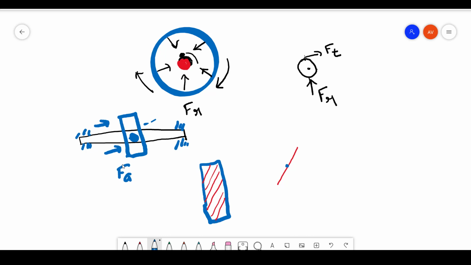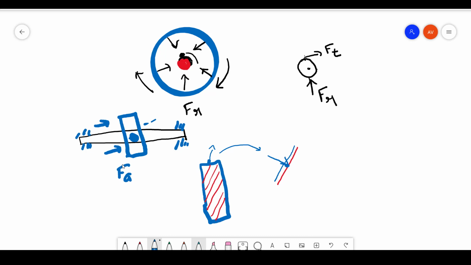When this particular point engages with another gear, so let's consider this as the same point, you have two gears like this. The forces are going to be normal to this particular angle.